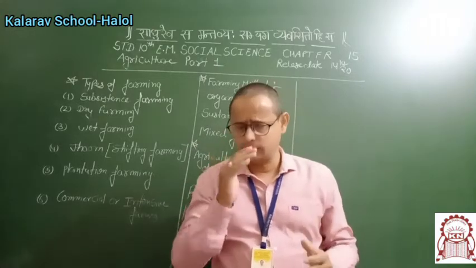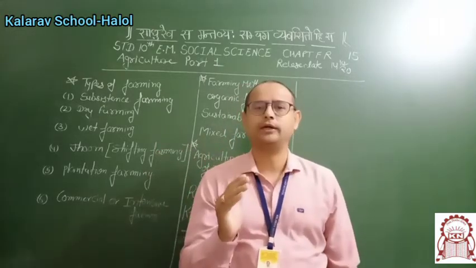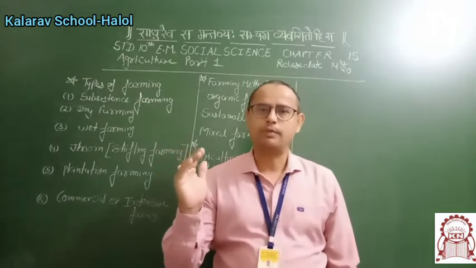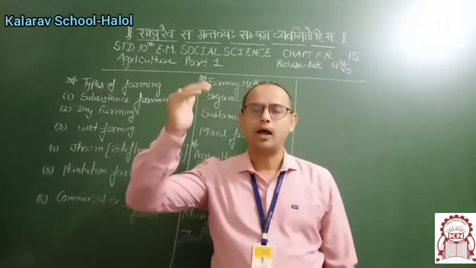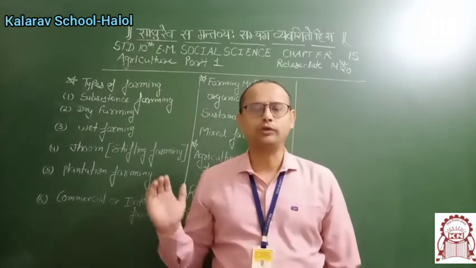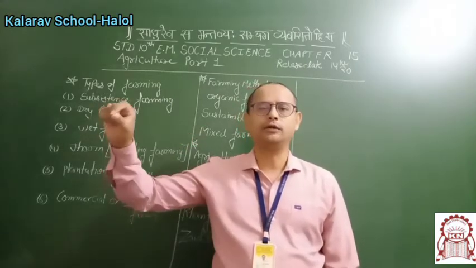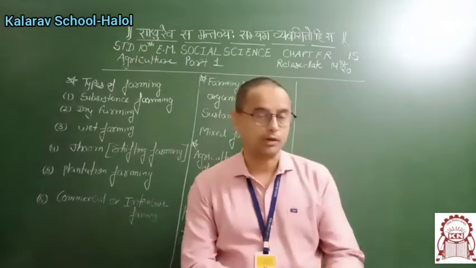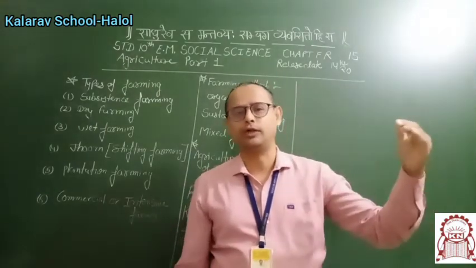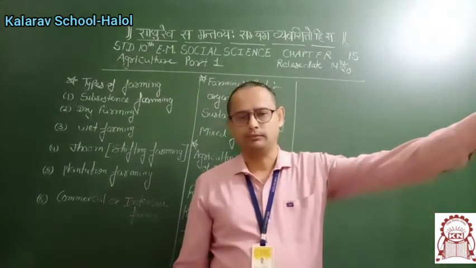And in the eastern part, Bihar, West Bengal, Odisha, Assam, and in South India, Tamil Nadu, the entire Konkan region, all these are places, and in our Gujarat, the southern part of Gujarat, Bharuch to Umargaon.